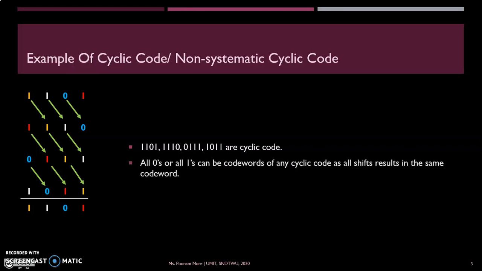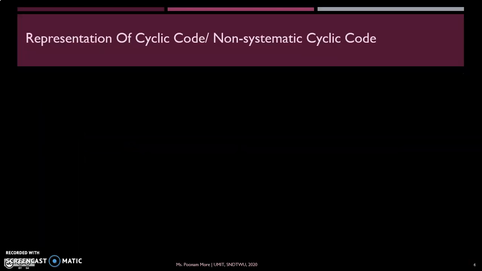Whereas all zeros and all ones are code words of any cyclic code. Here, any cyclic code means it can be systematic or non-systematic. So the shift results in the same code word, and that's why they belong to any cyclic code, as the result is the same after performing the shifts.